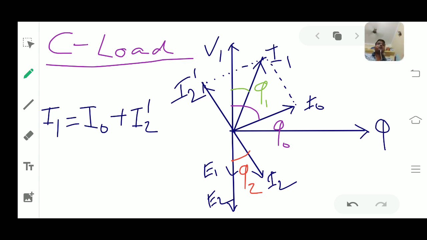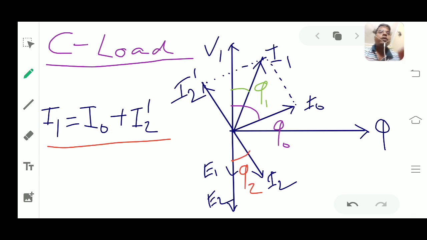Here we should notice one thing, that this power factor angle has been reduced with respect to the R load as well as L load, right?